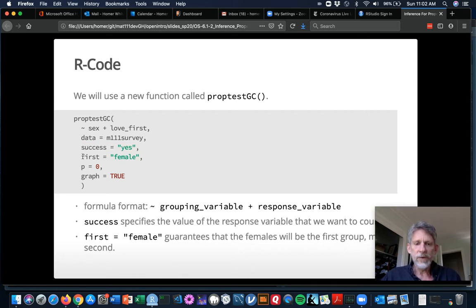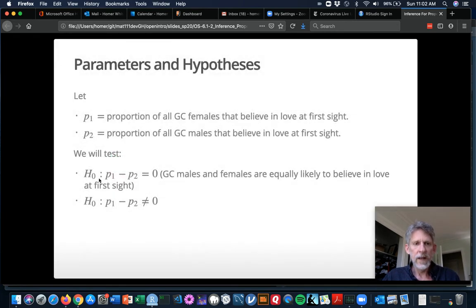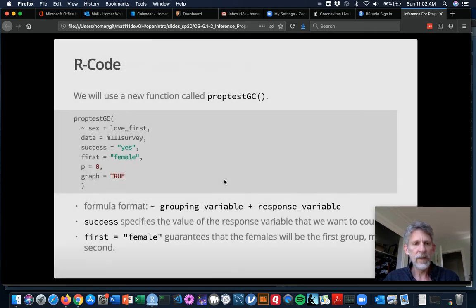Now, you've also defined two population parameters. The P1, the first parameter, was for that population of all Georgetown College females. The second was for the males. So you need to let R know that that's how you're thinking about things. The way you let it know is with the first parameter: you set it to whichever value in the explanatory variable goes with the first population.